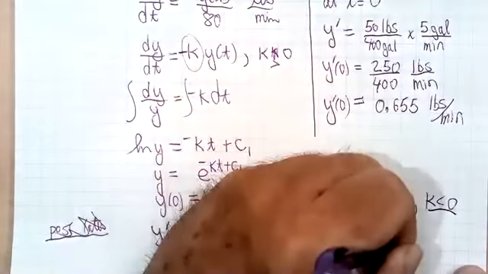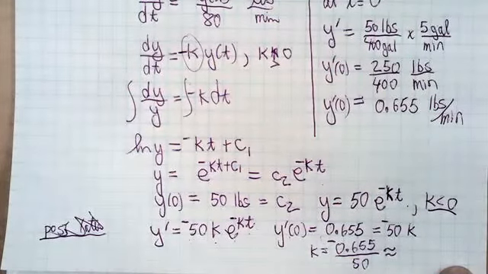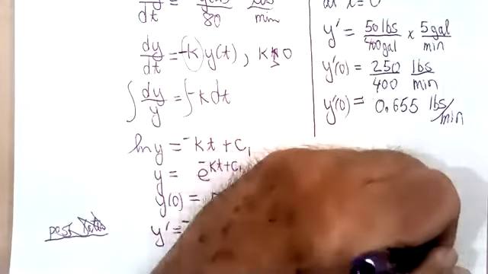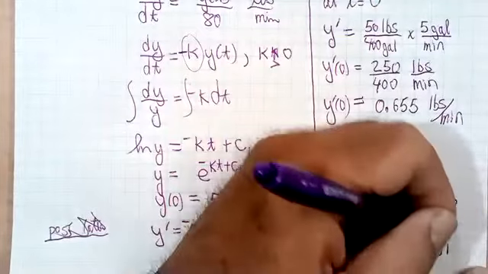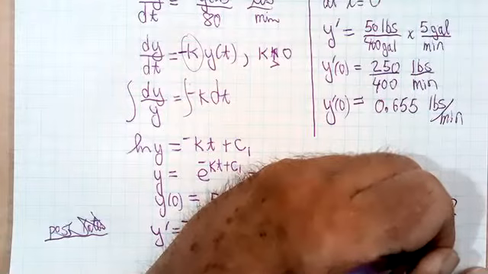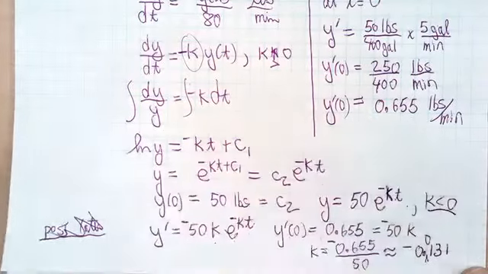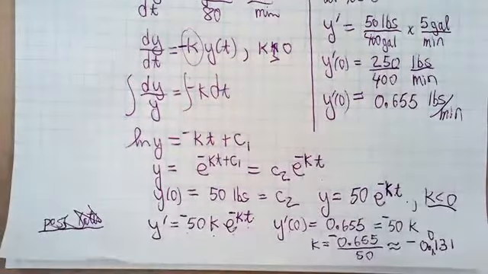And this k is minus 0.131. There's an extra 0 in there. Minus 0.0131.